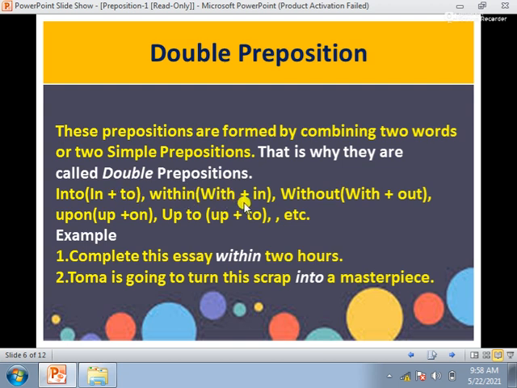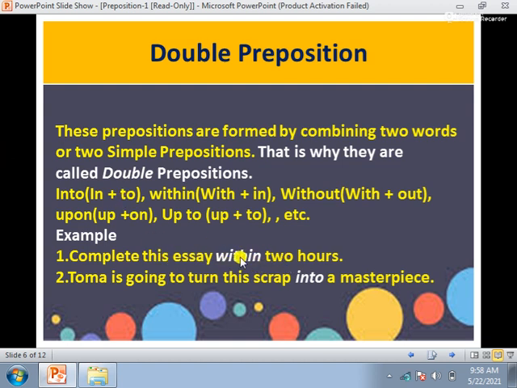Within, with and in. Without, with and out. Upon, up and on. Up and to, etc. Here is an example: complete this essay within 2 hours. That means a time limitation.